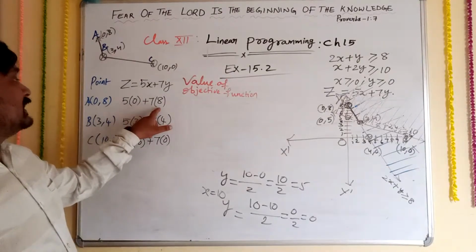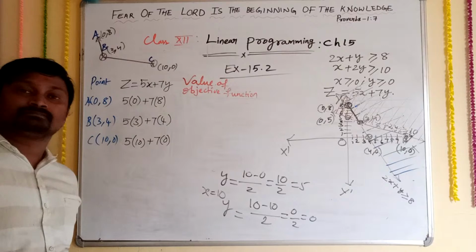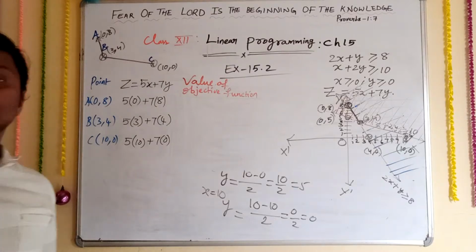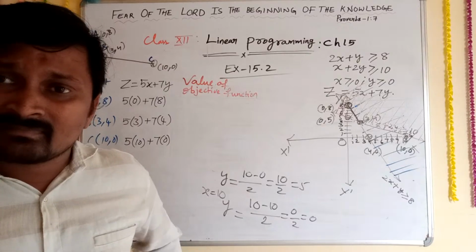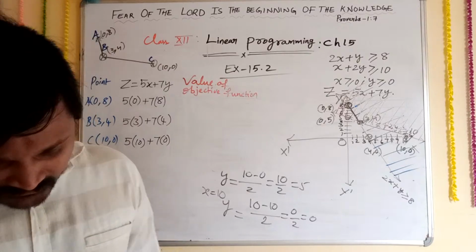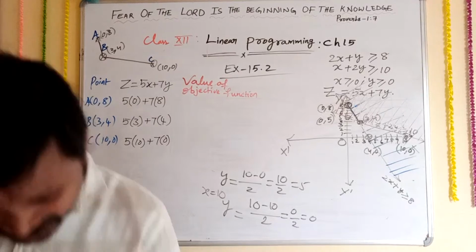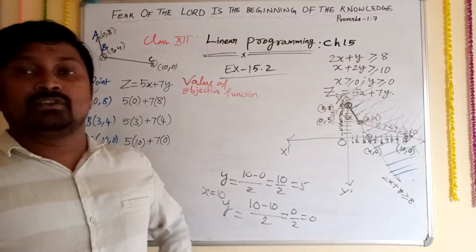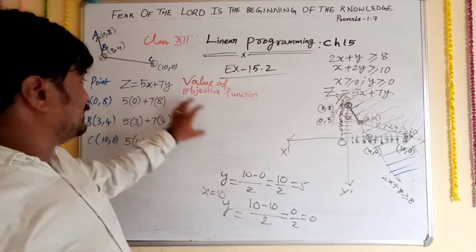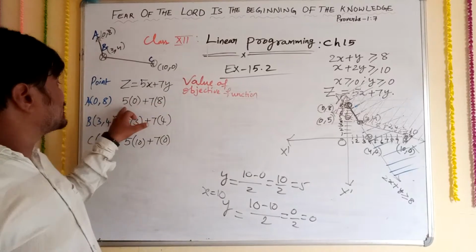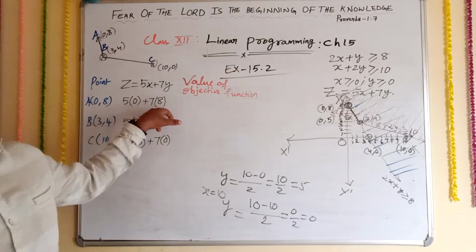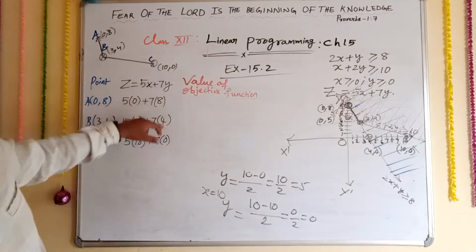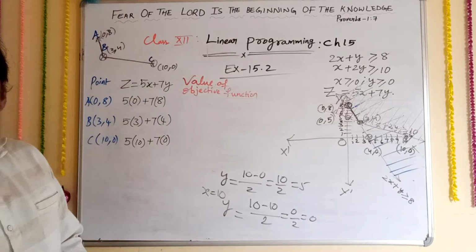So now 7 eights are how much? So here we need to minimize the cost. So you have to minimize the cost. So minimum we have to find. Now first answer is what? 5 into 0, 0. 7 eights are how much?